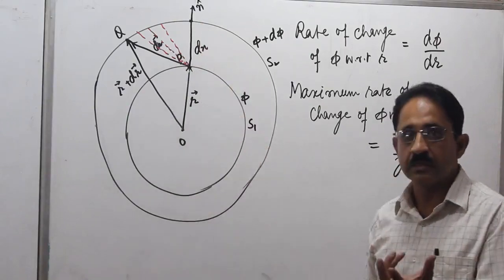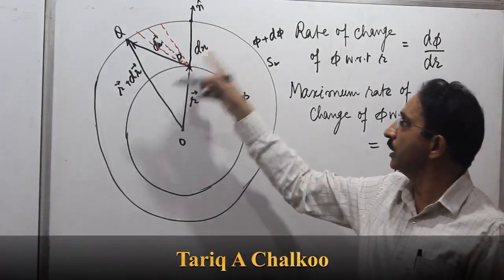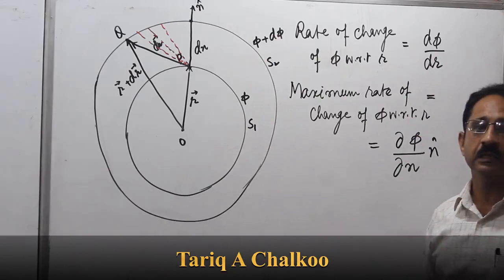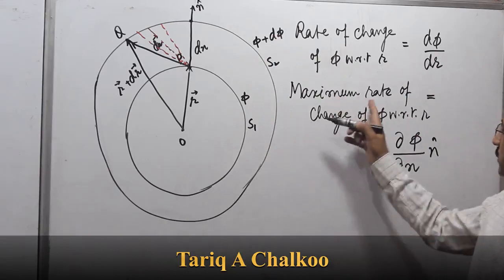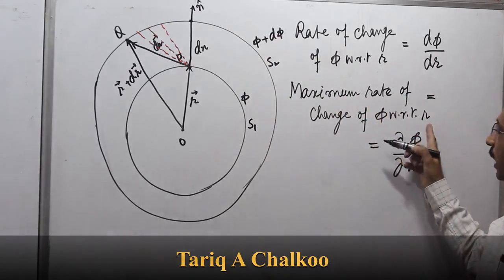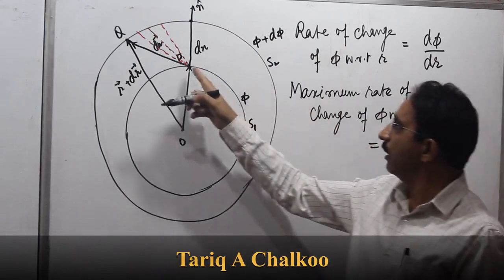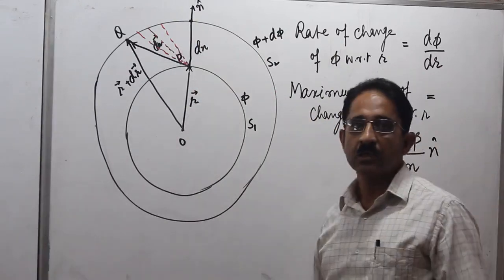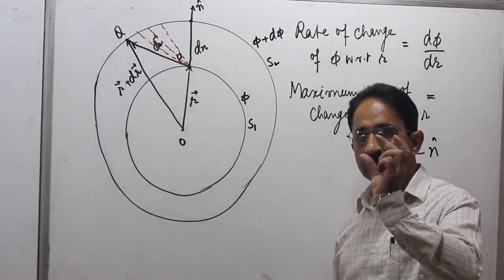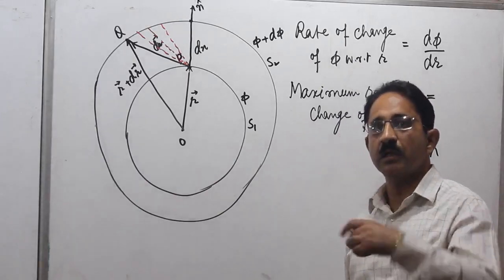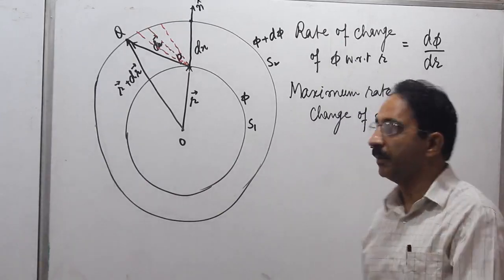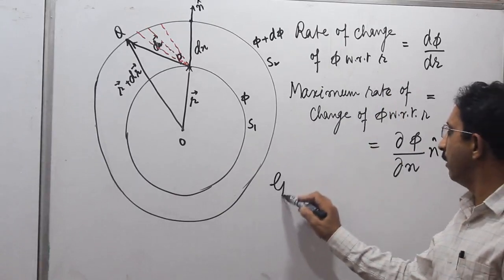So we can maximize the rate of change along this direction. This is called the gradient. So this maximum rate of change of phi with respect to r, which occurs along a certain direction so that the distance between two level surfaces becomes the shortest, the rate of change becomes maximum, is called the gradient of phi.